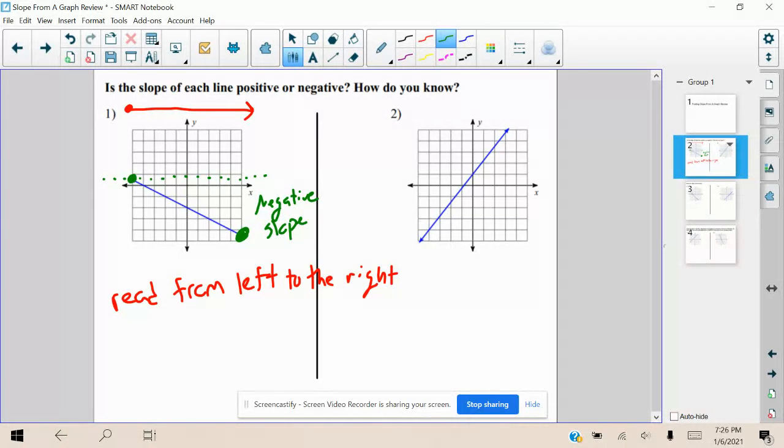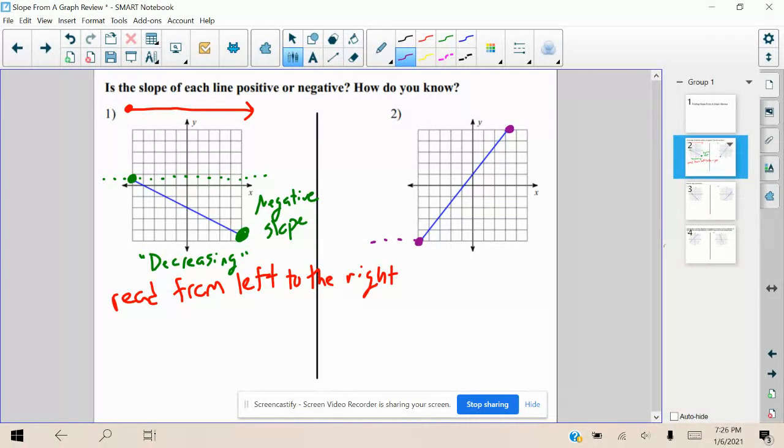We're going to say that this line has a negative slope because we are decreasing. And that's how we know, because we're decreasing, reading it from left to right. Well, let's look over at problem number 2. We look all the way to the left, starting over here, and look all the way to the right, and we're ending up there.